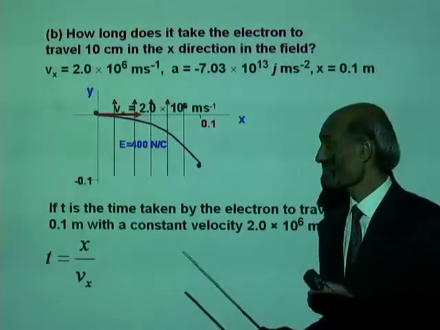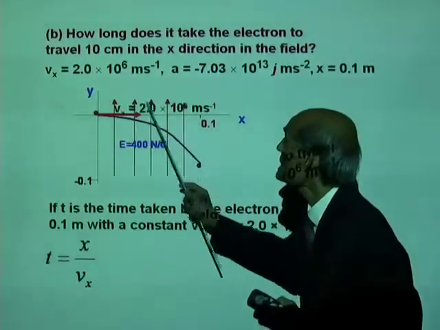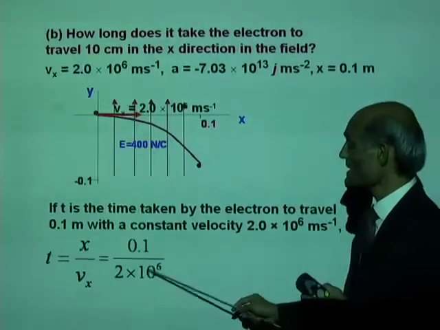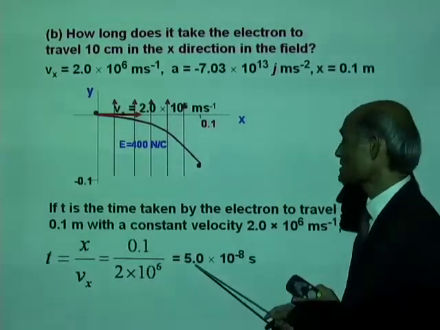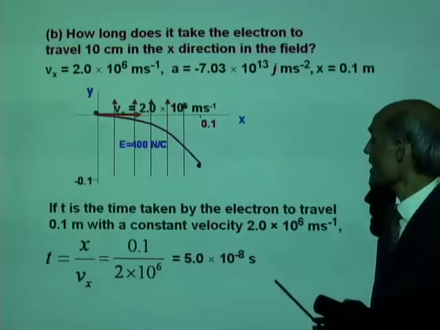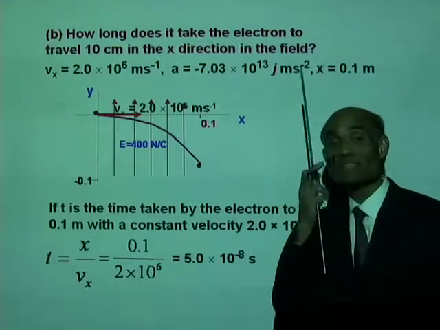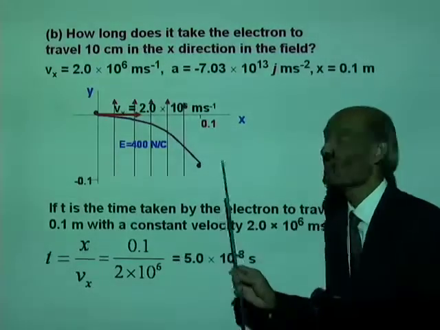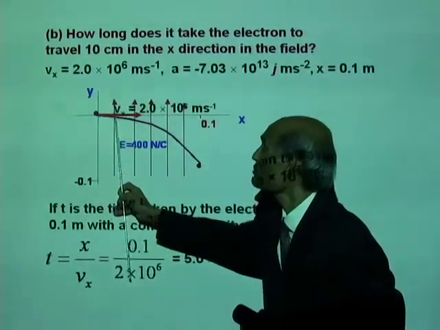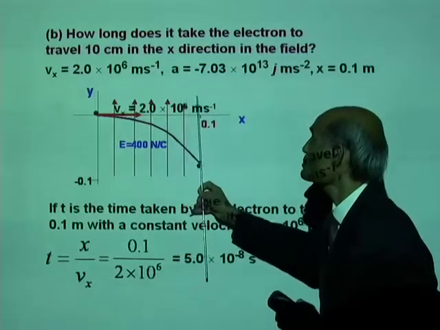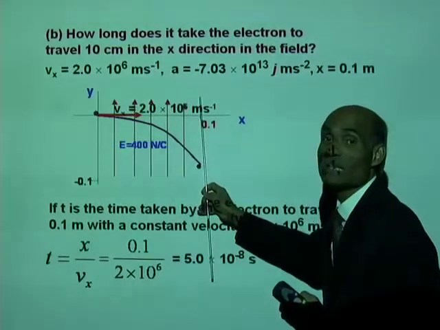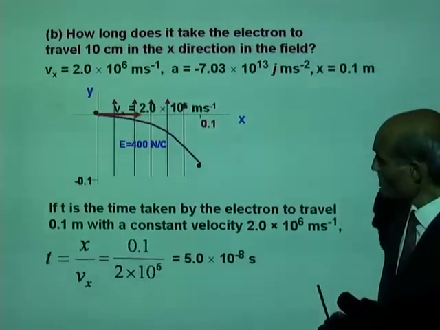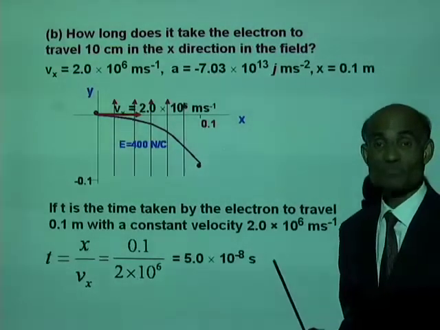Is that right? x is 0.1 meter. The velocity is 2 times 10 to the 6 meter per second. And therefore that time is 5 times 10 to the negative 8 seconds, which is about 50 nanoseconds. So the time taken by the electron to cover a horizontal distance of 0.1 meter is 5 times 10 to the negative 8 seconds.